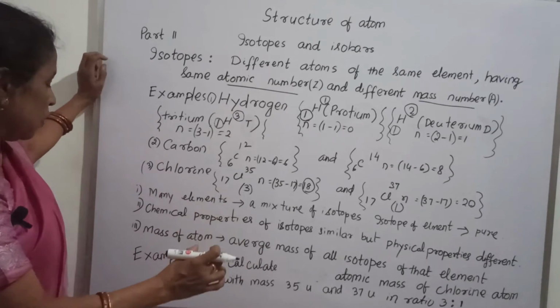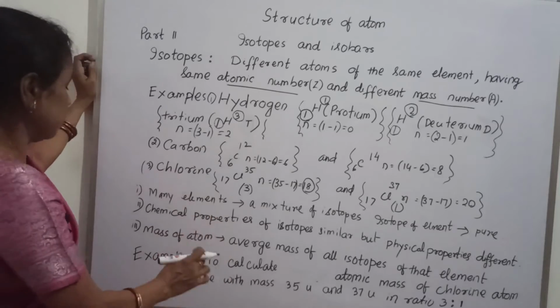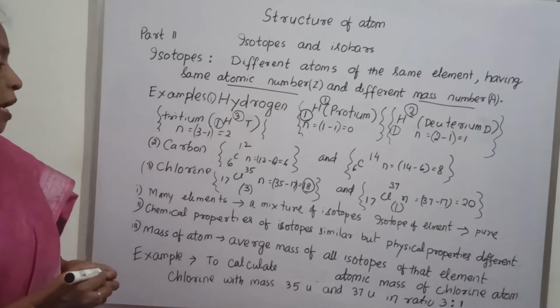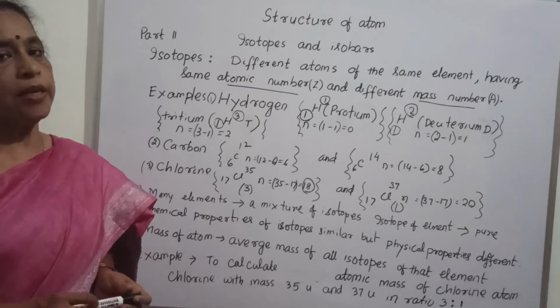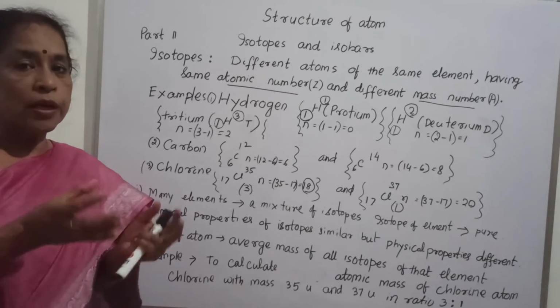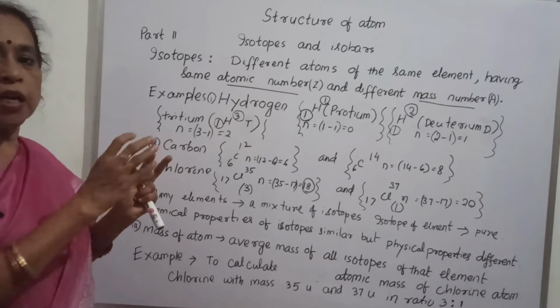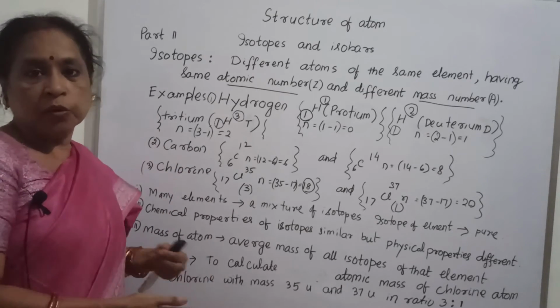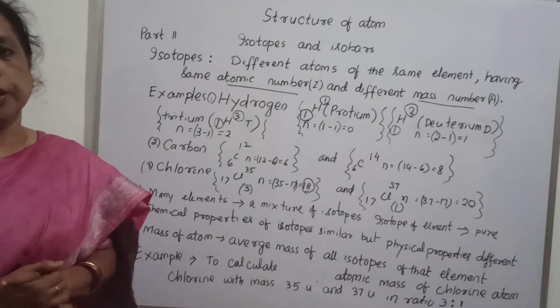Mass of atom equals the average mass of all the isotopes of that element. You should know the ratio of these isotopes present in nature. Then you can calculate the mass of the chlorine atom.